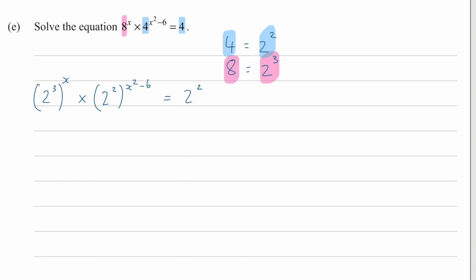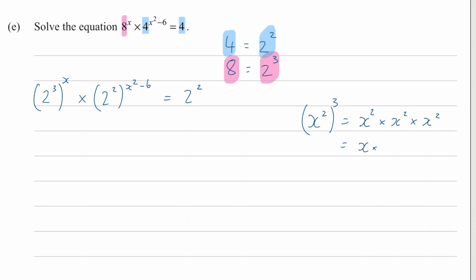So now looking at the left-hand side, it's a bit more complicated, so let's use our power rules to simplify this. 2 to the power of 3 to the power of x. Powers of powers, we multiply. For example, you might have x squared to the power of 3. That's the same as x squared times itself 3 times. I'm not going to write out all these x's, but it simplifies to x to the power of 6, which is just 2 times 3.